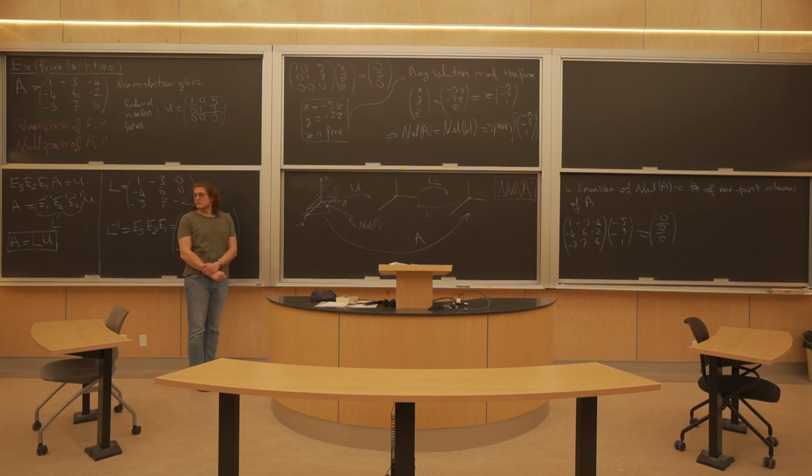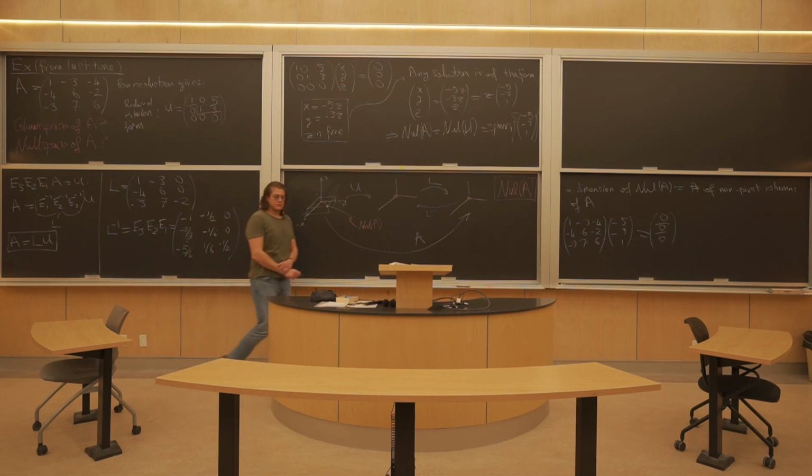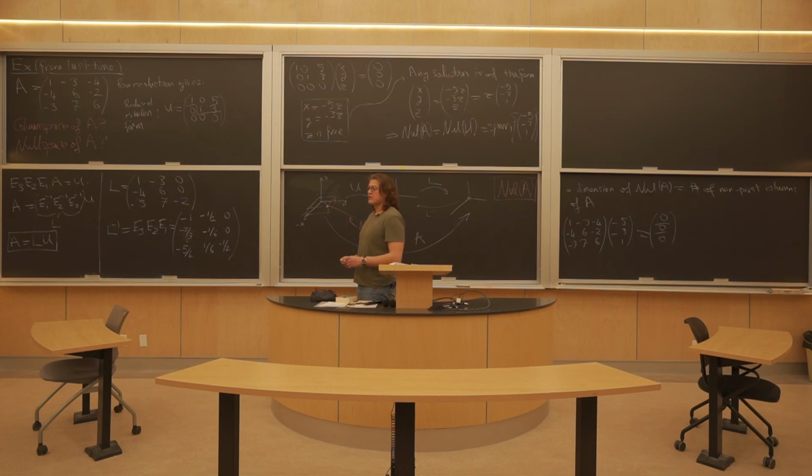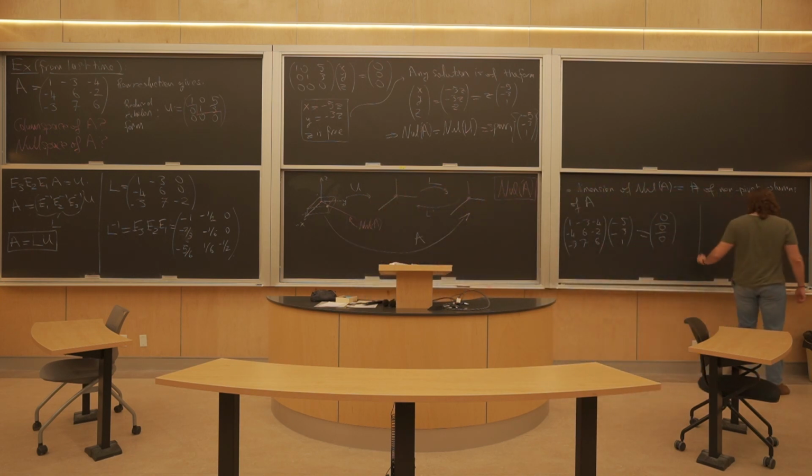Yes? I guess it's probably always the case that U is not invertible, because U is the reduced echelon form of A, and L is just all of those transformations, so generally L should be invertible and U should not. Well, okay, that's a good point. But certainly, this is a valid reduced echelon form.